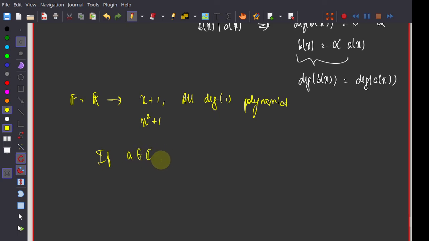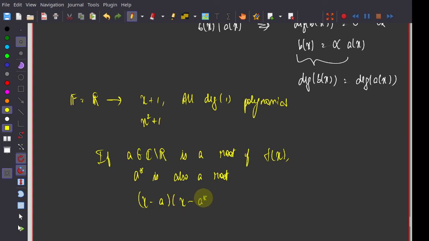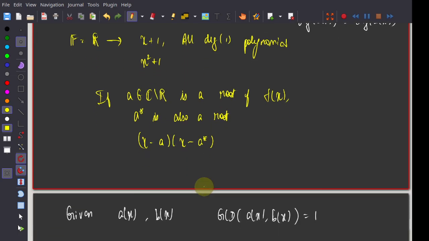A is a root of, let's say, f of x, x minus A, okay, which is what?